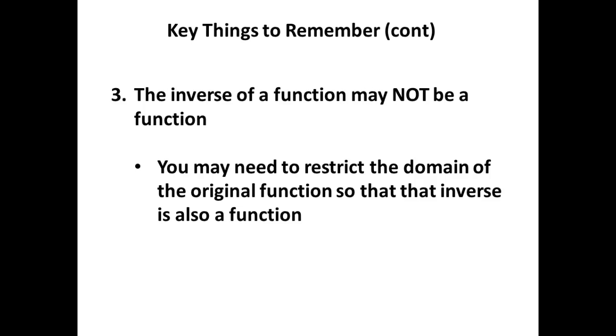In other words, the x values may have more than one y value. That's not a function. To make it a function, you may need to restrict the domain of f of x, your original function, so that the inverse is also a function. Now let's go over an example of that.